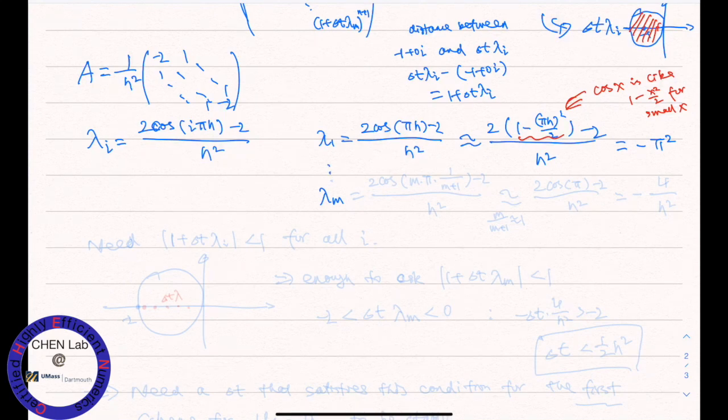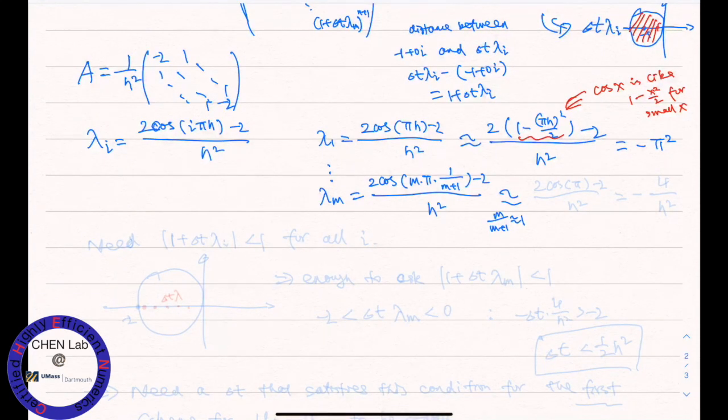For lambda m, the last one, you're going to get 2 cosine of m times pi h minus 2 divided by h squared. What is our h? h is 1 over m plus 1, and we have m plus 1 intervals. So this is approximately 2 cosine pi minus 2 divided by h squared, because m divided by m plus 1 is almost 1 when m is large.